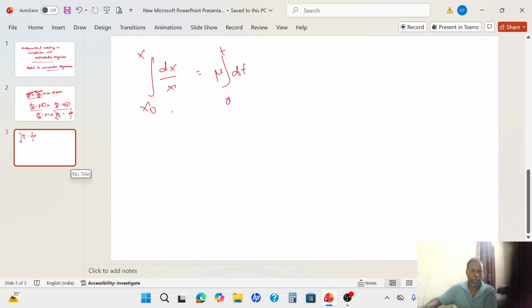When you are integrating this, 1 by x into dx can be written as ln x with the limit of x naught to x. Similarly, mu into this is going to be t minus 0.